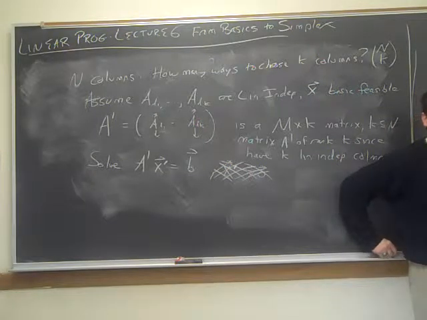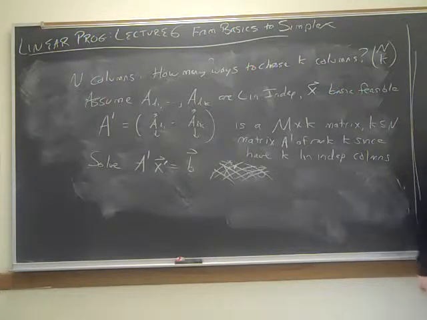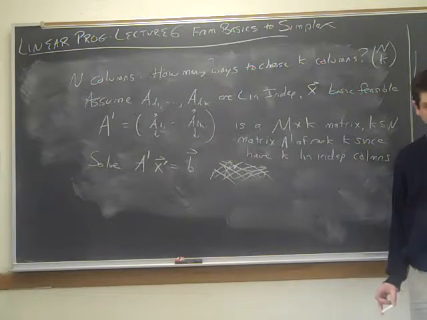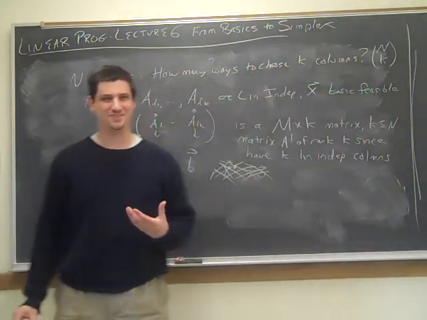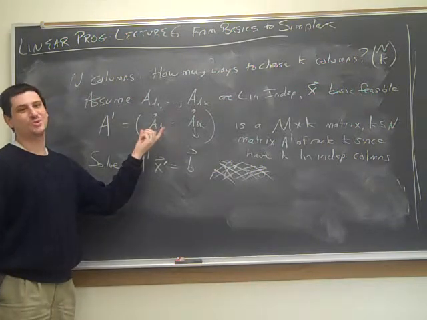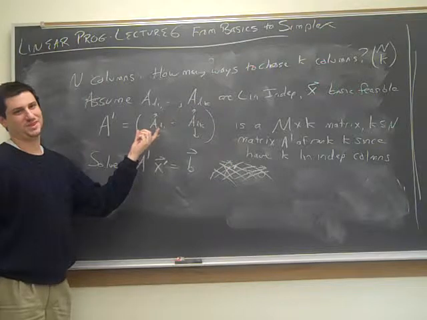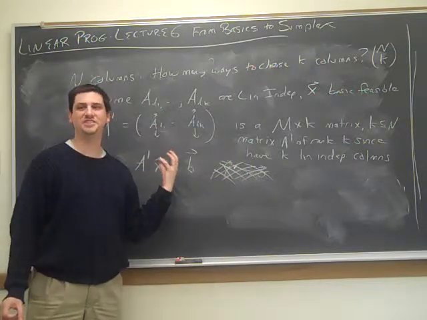There is a problem, though, with trying to write down the inverse of A prime. Which matrices have inverses? Okay, the determinant has to be non-zero. And which kind of matrices have determinants? Square matrices. Typically, this is not going to be a square matrix. So the problem is I need to multiply by an inverse, and the inverse doesn't exist.